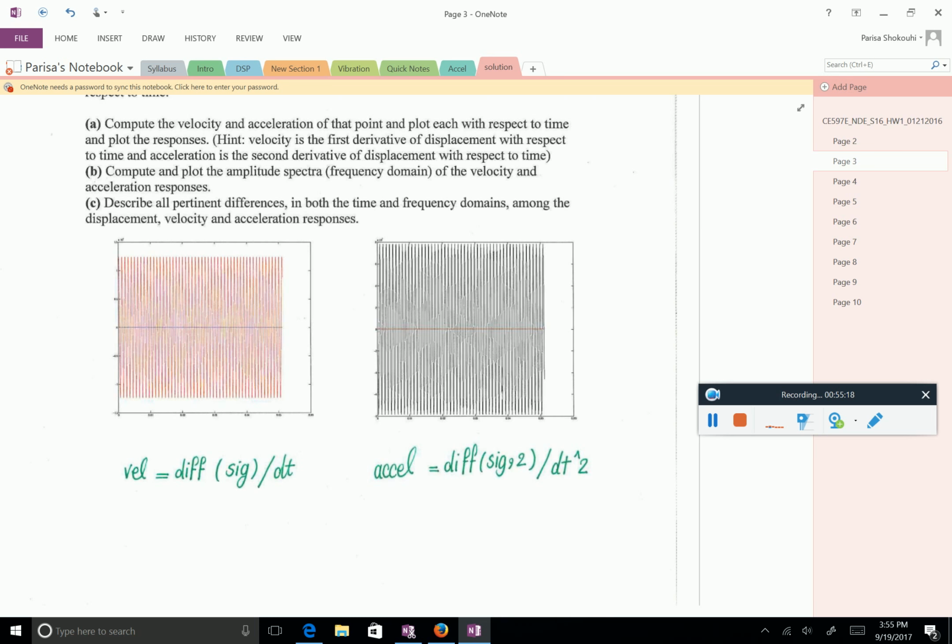In the time domain, this is how it works. And in the frequency domain, velocity is always i omega times displacement, and acceleration is negative omega squared times displacement.